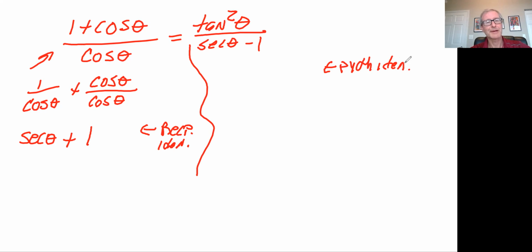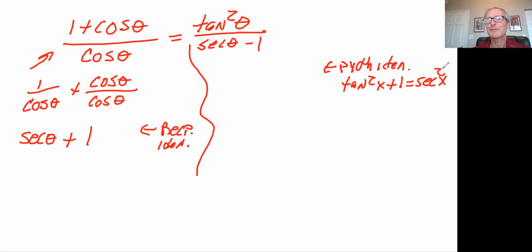and again, it's handy to have this sheet. The only one I know is sine squared plus cosine squared equals 1. You can see that we have this one as well. Tan squared of x plus 1 equals the secant squared of x. So you see, I forgot my square.